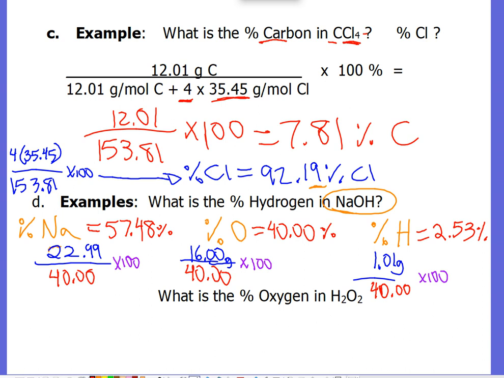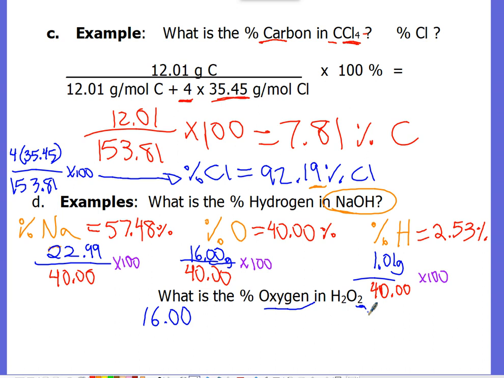It's very important. How would we do this one down here? Oxygen in hydrogen peroxide. What would go on top? Hydrogen would go on top? It's oxygen. Yeah, oxygen would go on top. So does anyone know the mass of oxygen? I got like 6 different people who said 16. Cool. Now, do I just write 16? Or what do I have to multiply it by?